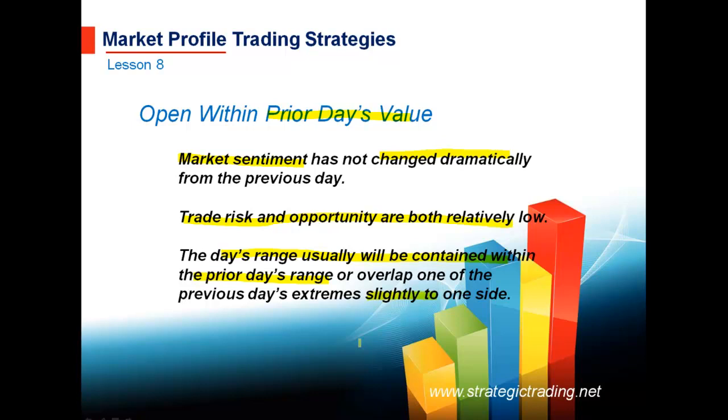Depending on where we open in the value area, if we open on the high side, we may overlap a little bit and go outside of the value area of the prior day, and vice versa. If we open in the low end of the value area, then we may, in fact, extend the range of this day a little bit lower in the opposite direction. But more or less, we're going to be trading in a limited range when we open within the prior day's value area.